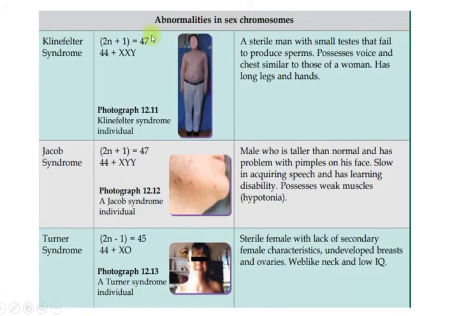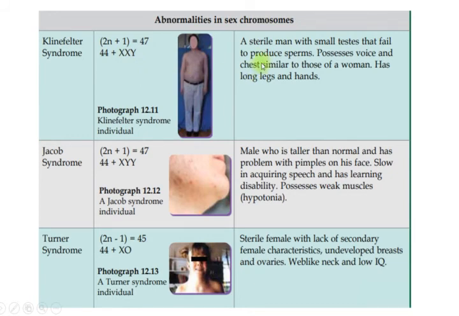Okay, now we go to the abnormalities in sex chromosomes, which involve the sex chromosome. Klinefelter syndrome: the number of chromosomes is 47, so one extra chromosome, 44 plus XXY, an extra X chromosome in the sex chromosome.